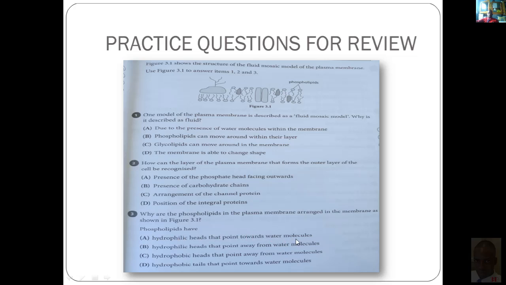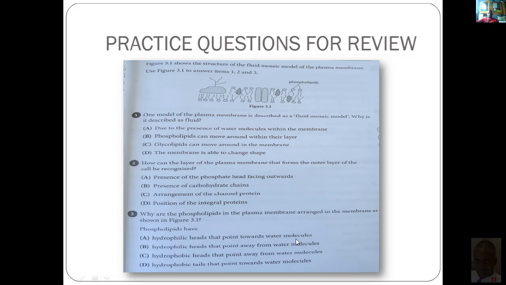How can the layer of the plasma membrane that forms the outer layer of the cell be recognized?